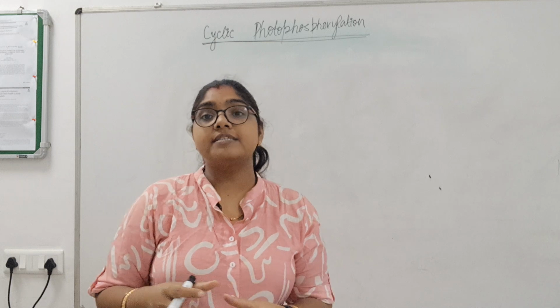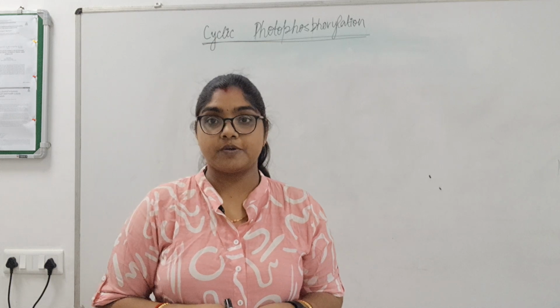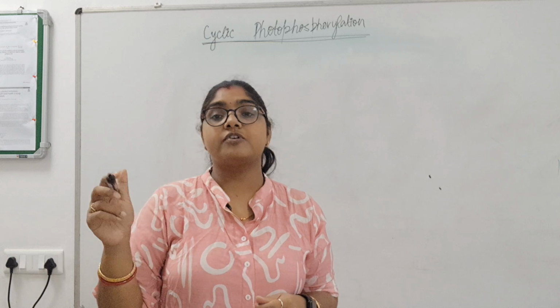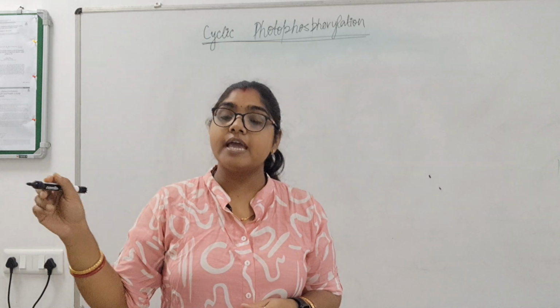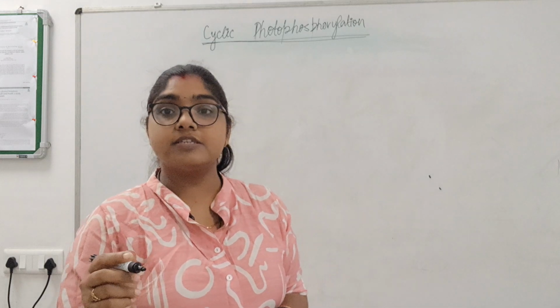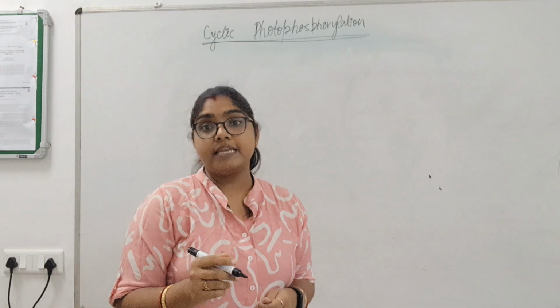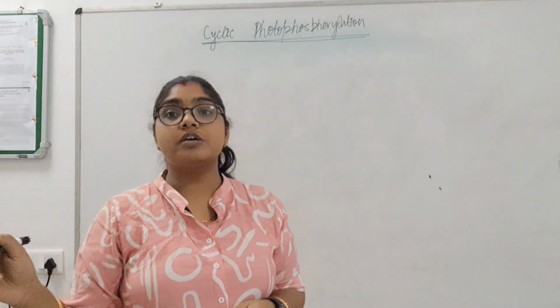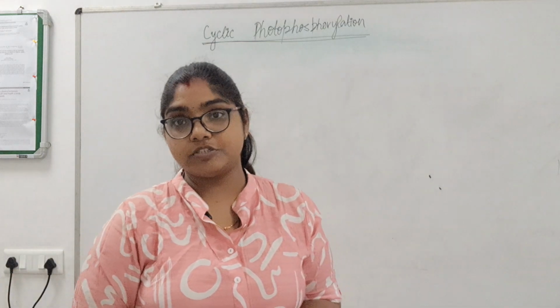So we have discussed non-cyclic photophosphorylation, where the photolysis of water takes place, and electrons transfer in a non-cyclic pathway. It produces ATP, NADPH and oxygen molecules, and ATP and NADPH are used in fixing carbon dioxide to produce carbohydrate in dark reactions.